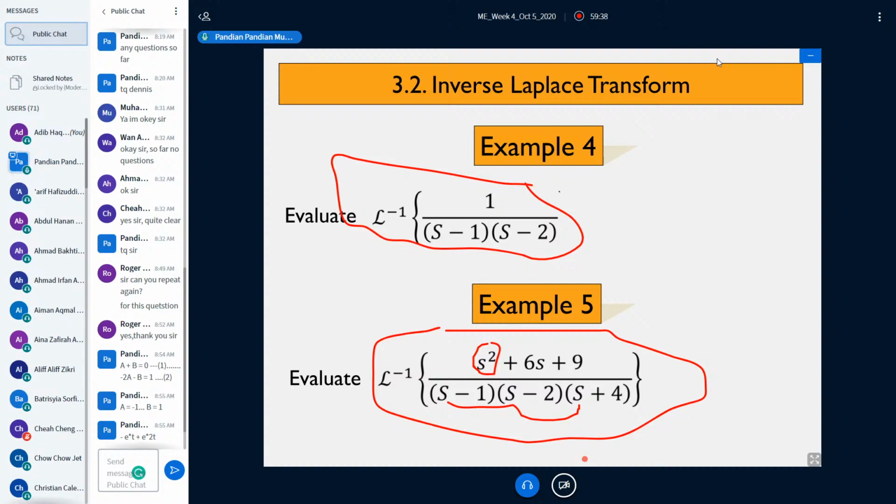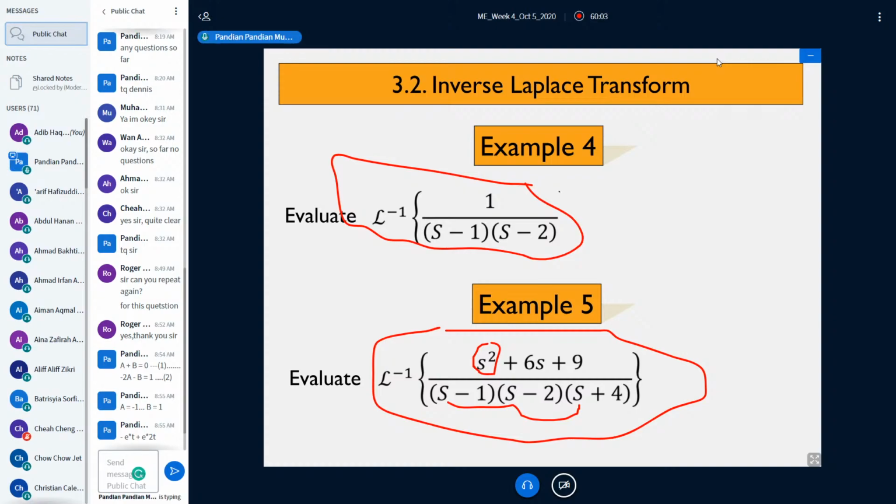Now we create 3 equations, comparing left hand side and right hand side. For s squared, you have 1 equals A plus B plus C. This is equation number 1.